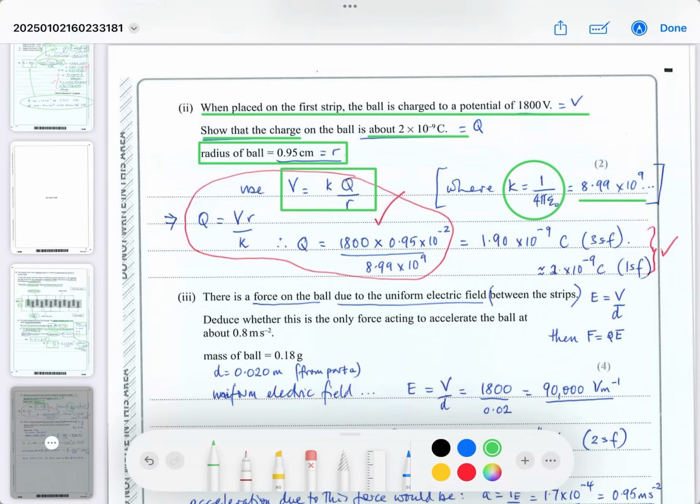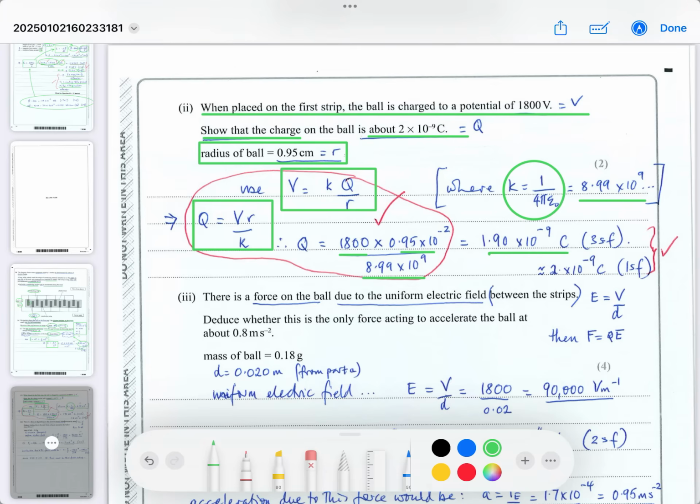So once you know that, you know k, you know V, and you know r. The only one you don't know is Q, so you change the equation round. So you want to work out Q. There's the 1800 volts. There's the radius.